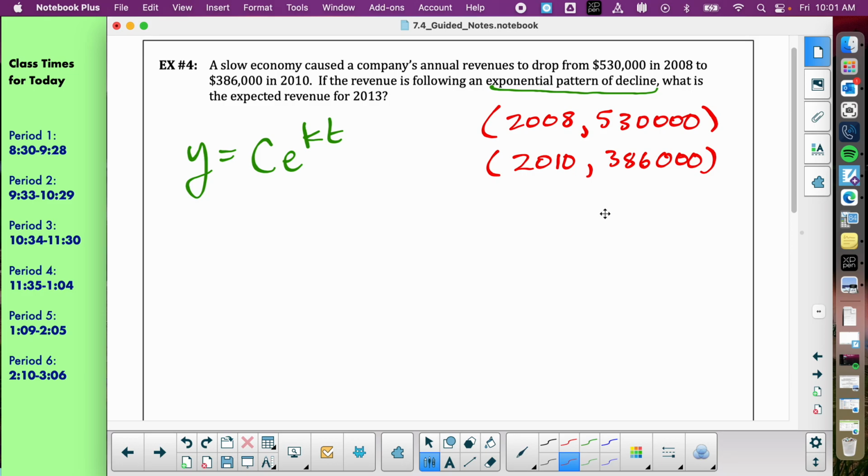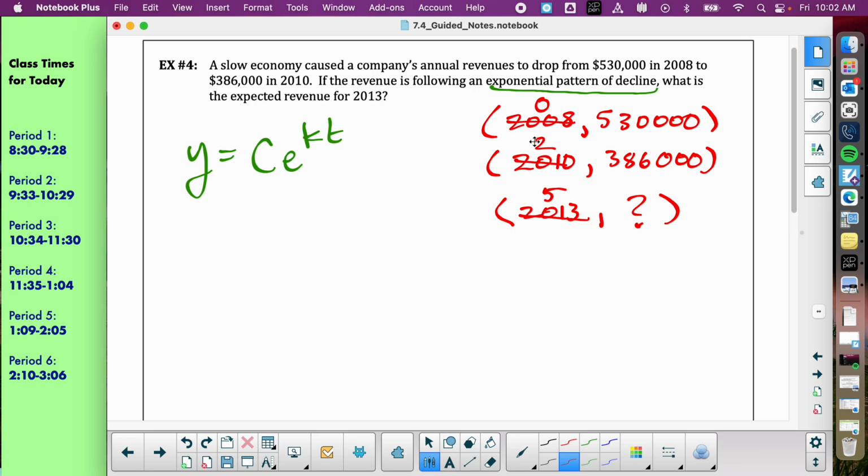So correct. Instead of using 2008, you're better off writing this as year 0. This is year 2. And then it's asking us to find what is the expected revenue for 2013, which would be year 5. So this is pretty much the information that was laid out to us.